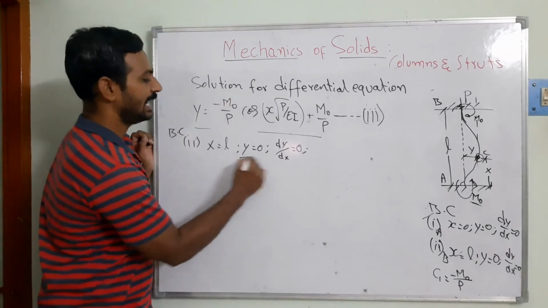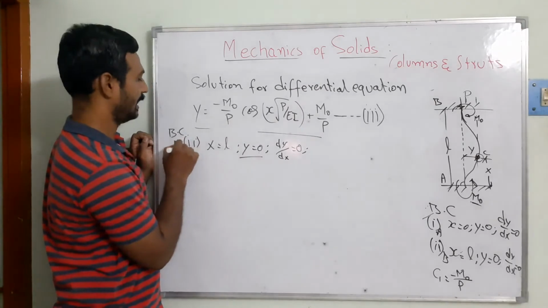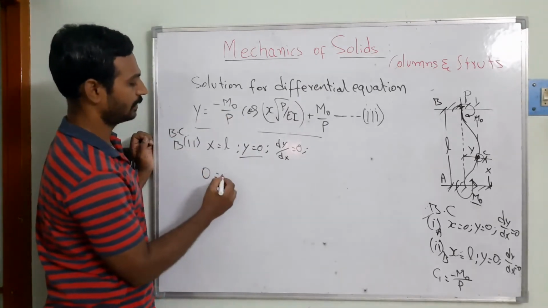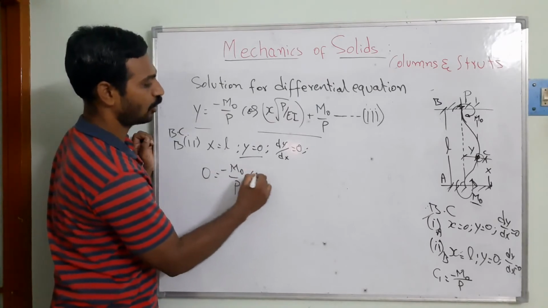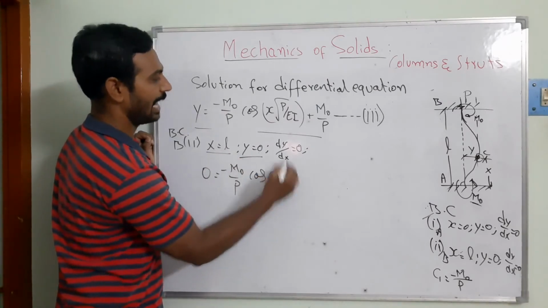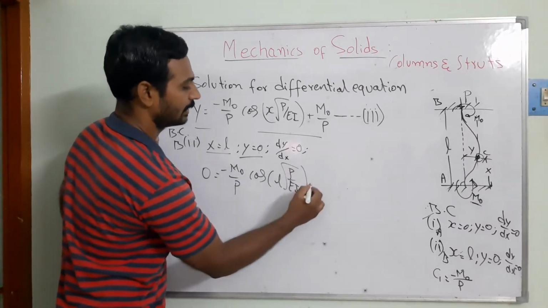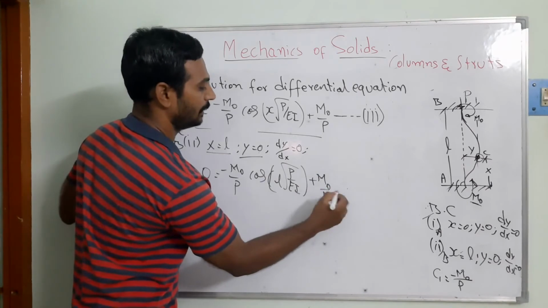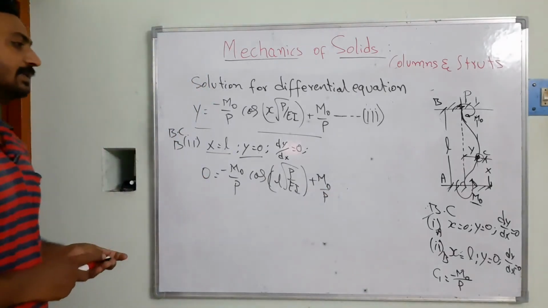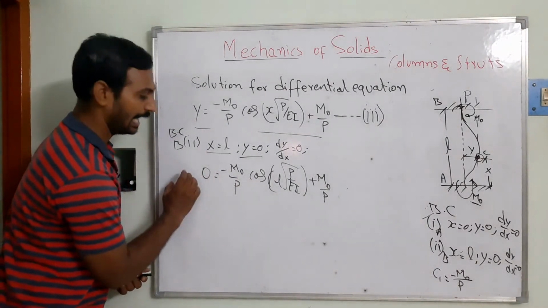Can you see, if y is equal to the deflection at b is equal to 0, that is equal to minus m naught by p cos x will become L square root of p by EI, right, plus m naught by p. So there we can see further simplifications. I am going to take these terms to the left side.